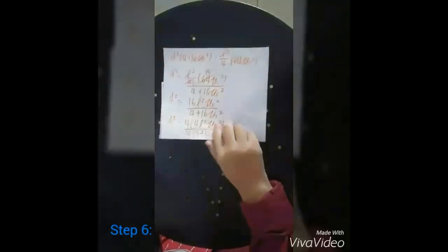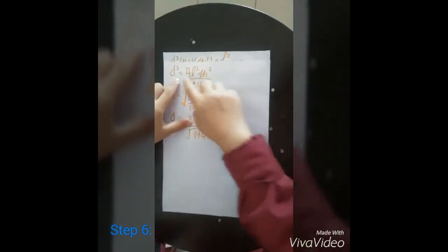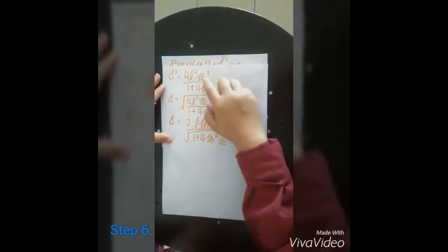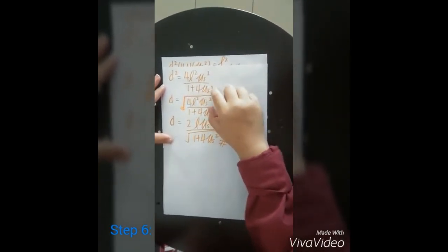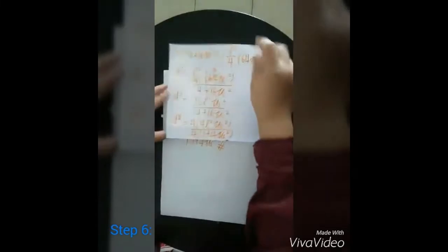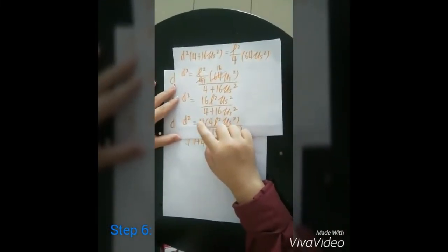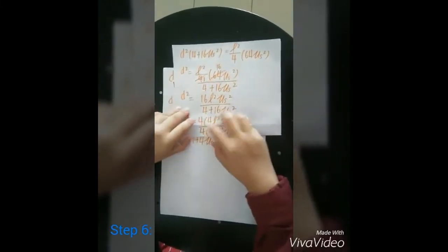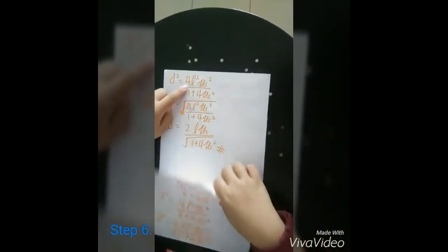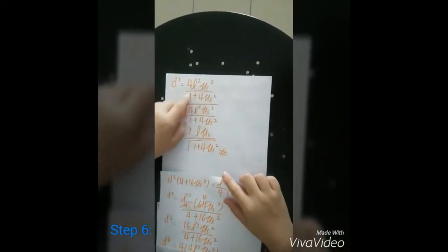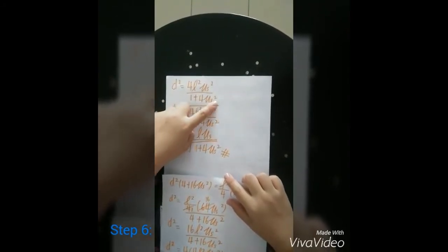And then d square equal to 4L square mu s square divided by 1 plus 4 mu s square. This is because 4 and 4 can be cancelled out, so it becomes 1. So we just leave it as 4L square mu s square divided by 1 plus 4 mu s square.